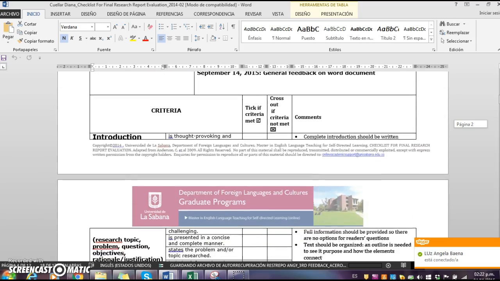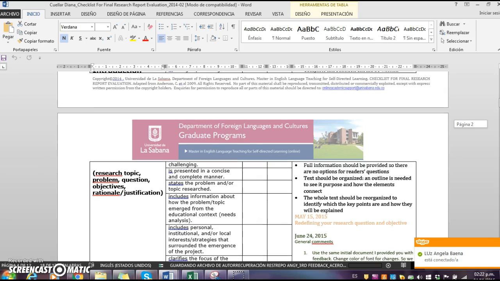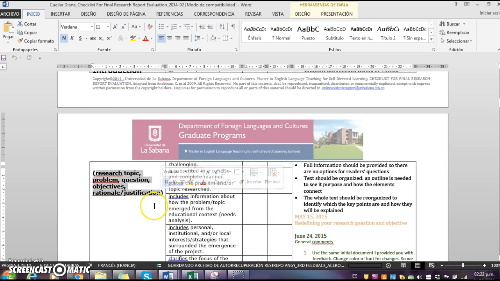Be aware that in the introduction, you have to include the research topic, the problem, the question, objectives, and the rationale or justification. In a way, what you are supposed to be doing is splitting the section so we can show people what the topic is, what generated the problem for this research, what your questions and objectives are, and what justifies your study.